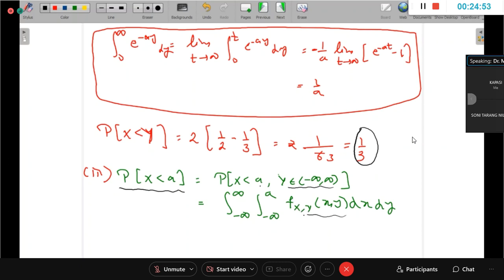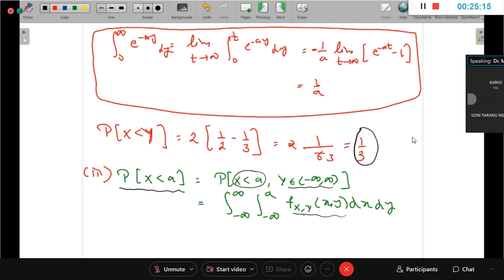Now integrate f of x, y with respect to x and y both. Both are constant limits. You can first integrate with respect to x and then y, or first y and then x. The choice is yours.